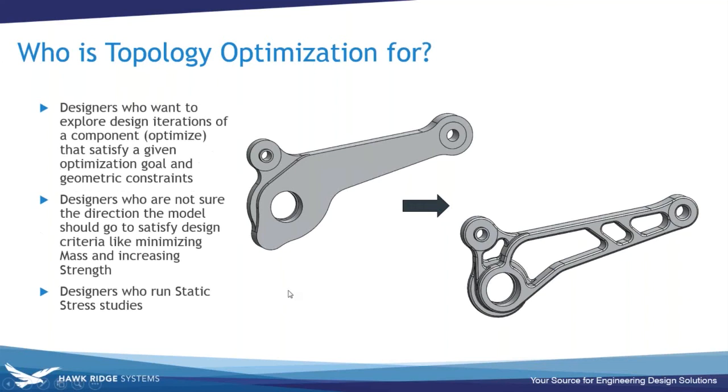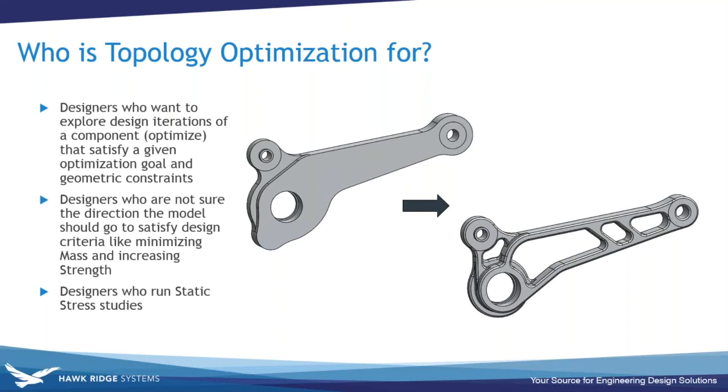So that being said, who is topology optimization for? Well, it's for anyone who, we throw around this word, we want to optimize. We want to optimize our design. We want to optimize our components. Well, it's for the designers who want to explore different design iterations, different design options to satisfy a certain design criteria, right?